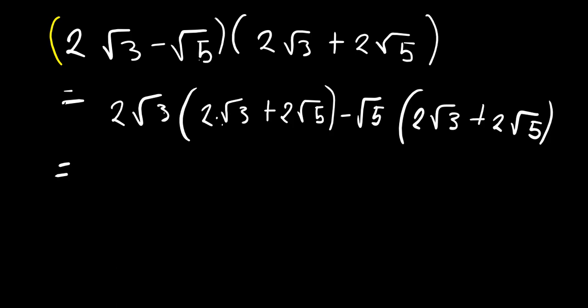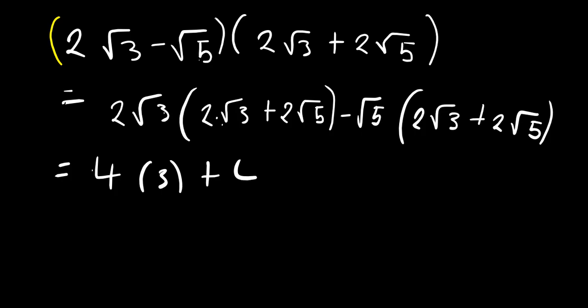So we know that 2 multiplied by 2 will give us 4. Then this root 3 multiplied by that root 3 will just give us 3, plus this 2 root 3 multiplied by 2 root 5. 2 multiplied by 2 will just give us 4.